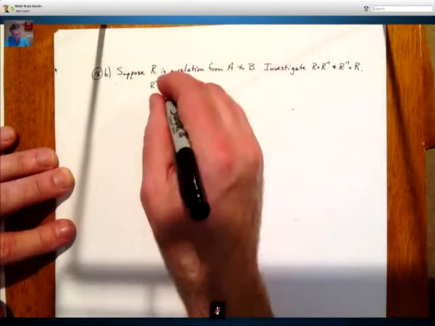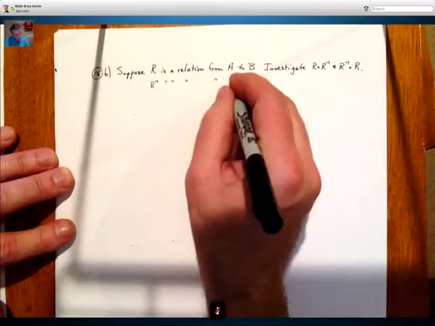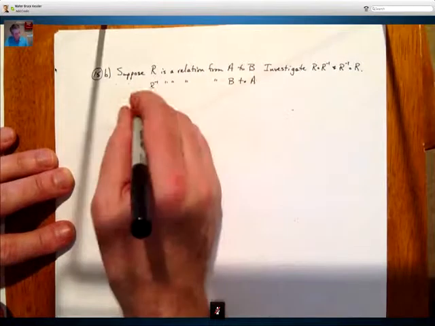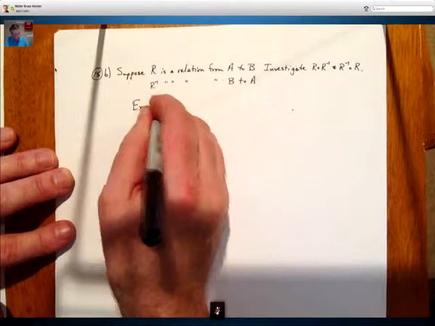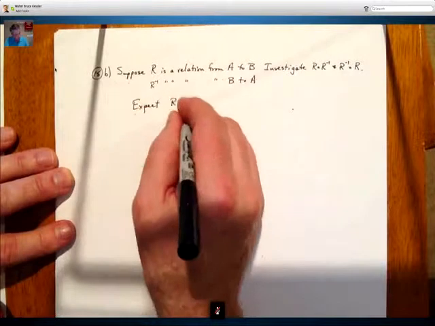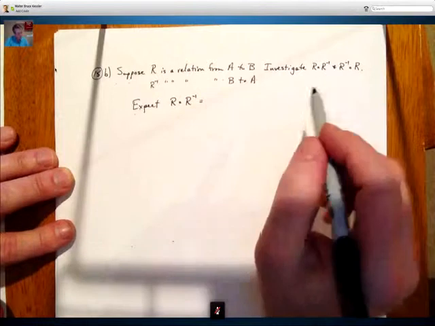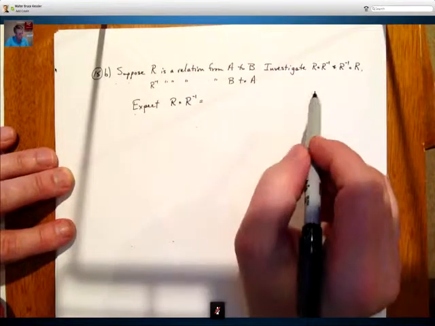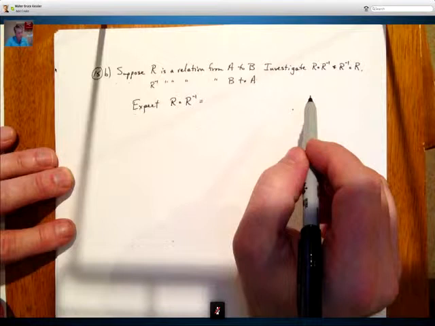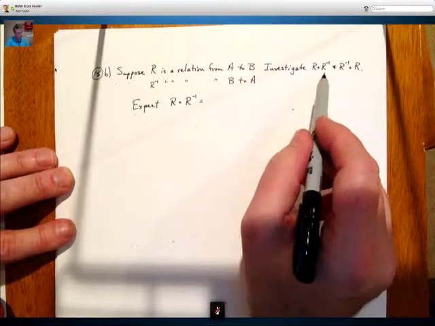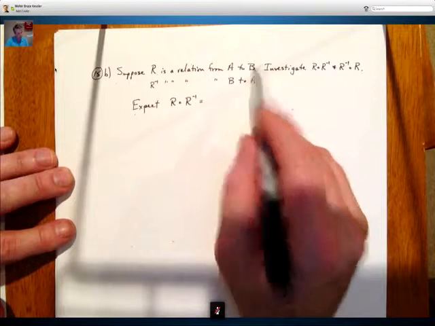And so if R is from A to B, and R inverse then is from B to A, what you would expect maybe to happen is that R composed with R inverse would give you all the ordered pairs in the domain.